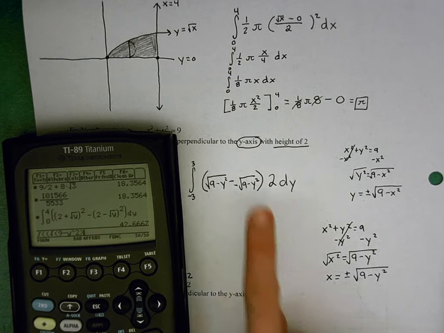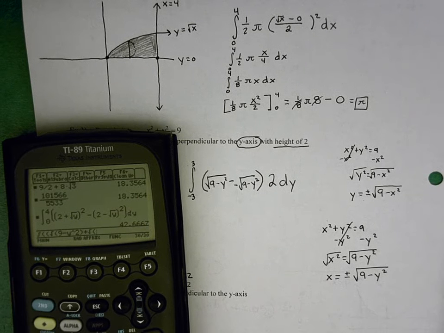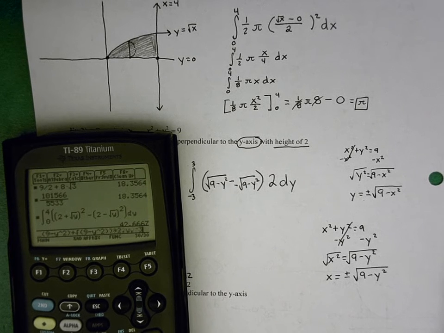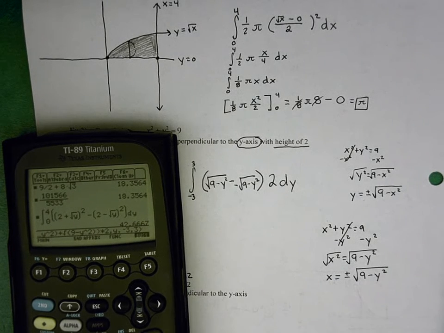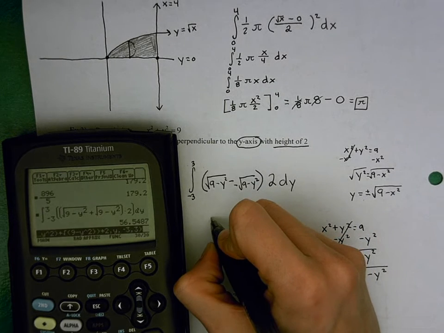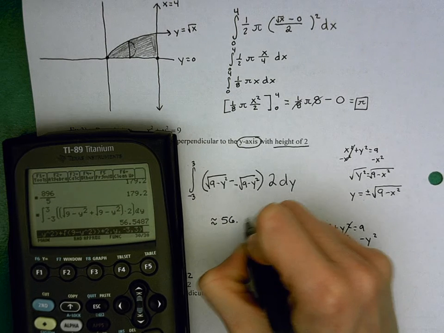I'm going to make this plus, since minus a negative is plus, square root of 9 minus y squared, and this is times 2. dy, so you put comma y for the dy, and then comma your lower bound, which is negative 3, and then comma your upper bound, which is 3. When you hit enter, you get approximately 56.548.